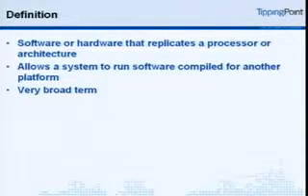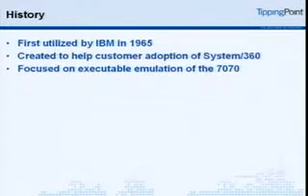I say it's a broad term because I'll talk about two different distinct ways that common emulators work. And it gets used in that sense here and there, in different places. They can mean various things. So I'll try and define that a little bit.